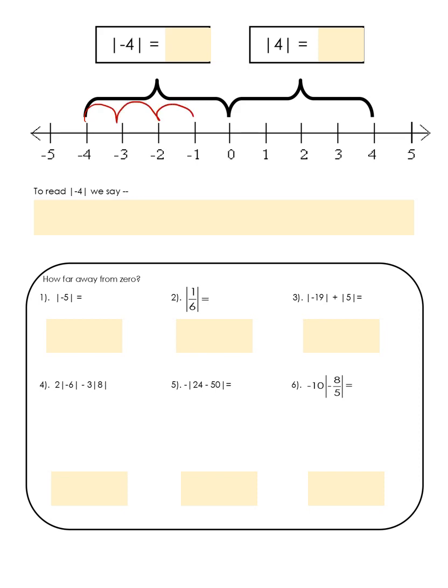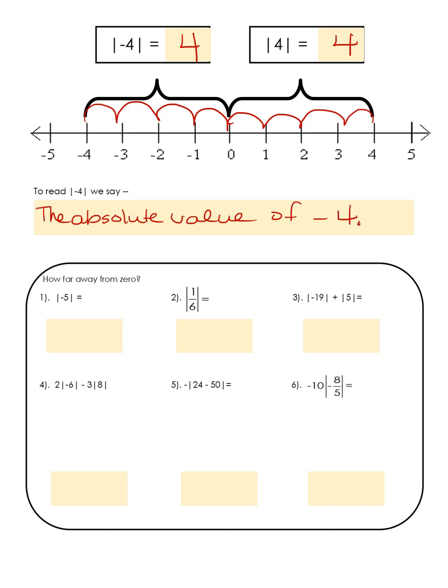So it's 1, 2, 3, 4 steps. Same thing with the 4, 1, 2, 3, 4 steps. So both numbers have the same absolute value because they're the same distance to 0. The way we read this is called the absolute value of -4.